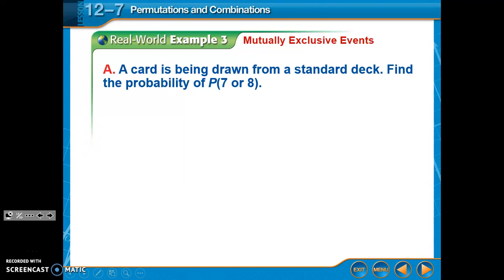Okay, so for example, a card is being drawn from a standard deck. Find the probability of picking a 7 or picking an 8. Okay, so for picking a 7, it's going to be the same thing as the probability of picking 7 plus the probability of picking an 8. So in a deck of cards, there's a total of 52 cards, and 4 of them are going to be a 7, and there's a possibility of 4 out of 52 for an 8.